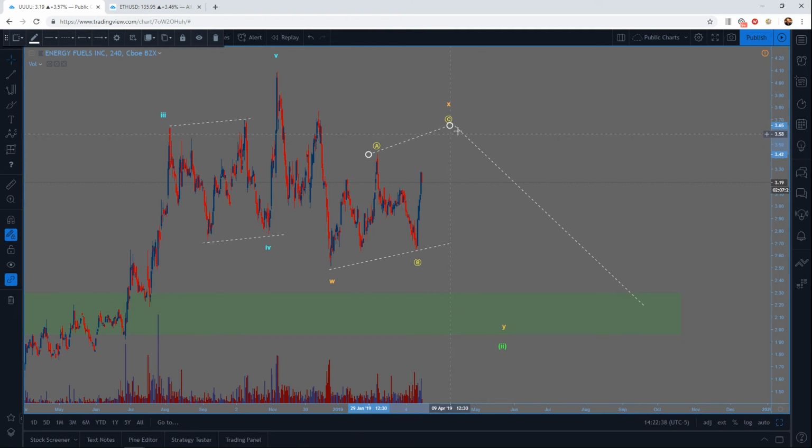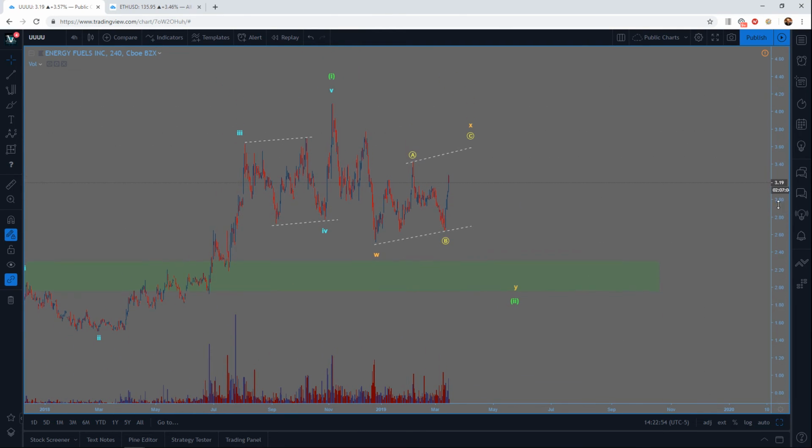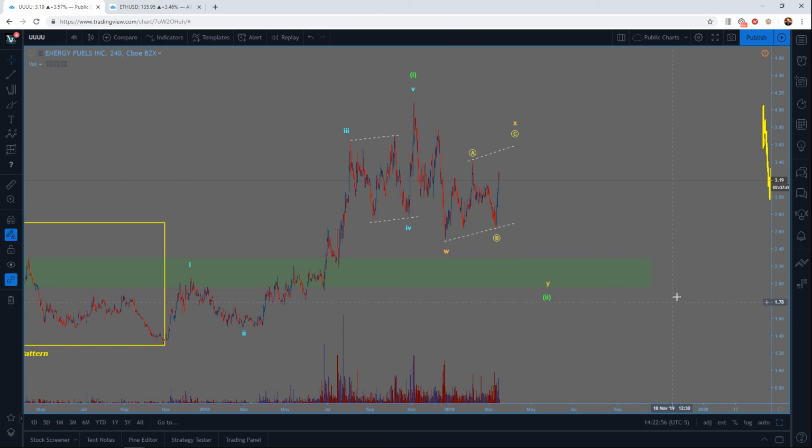It'll probably look something more like this. It might reach up to these tops or so, and then I'm looking for it to come down one more time. So I personally am looking to buy this particular uranium stock between $2 and $2.30.